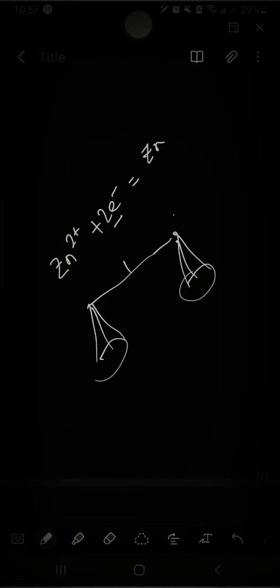On one side I put the rice, and on the other side I need a standard 1 kg weight. When both are at the same height, balanced, then I say, okay, I now have 1 kg of rice. So here this weight acts as a balance, acts as a standard.